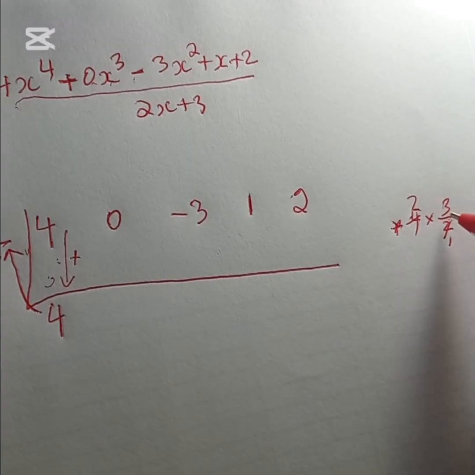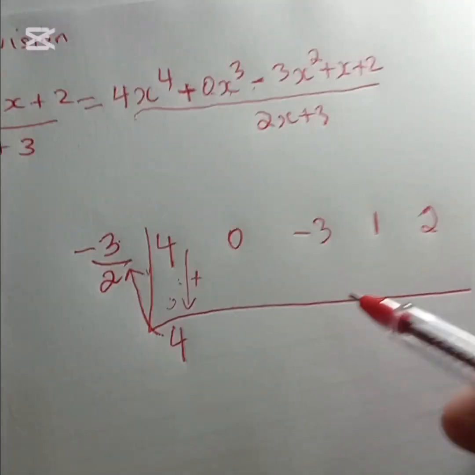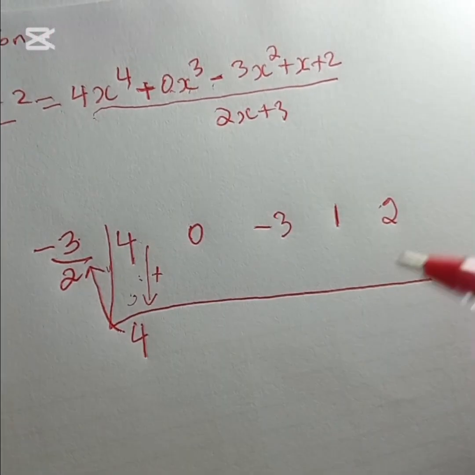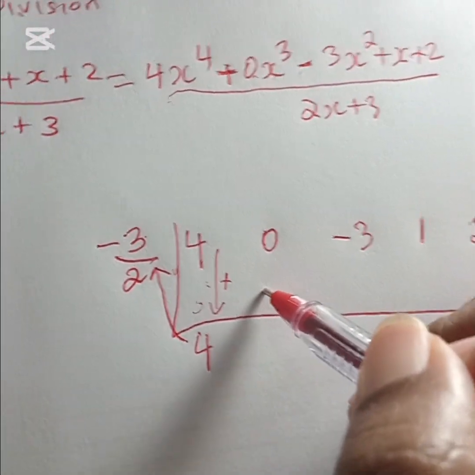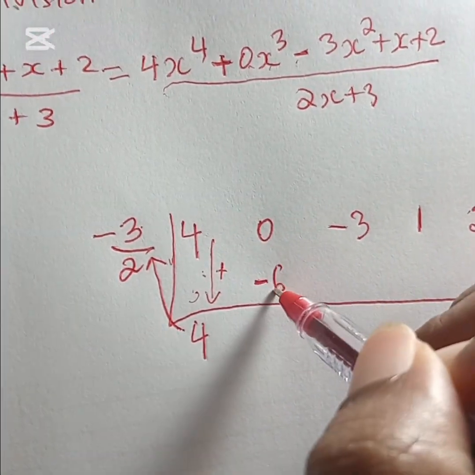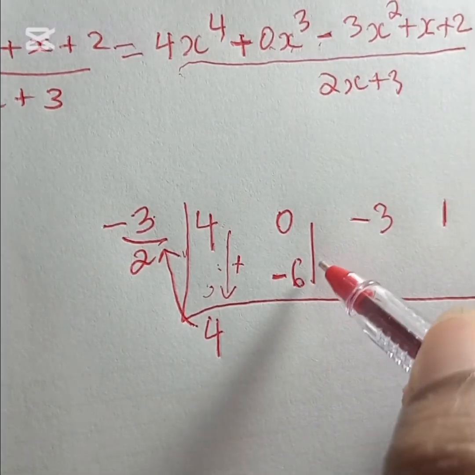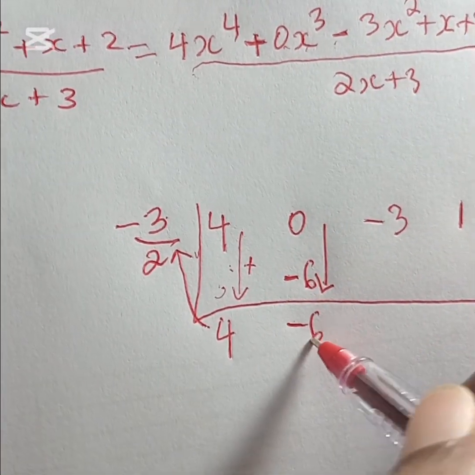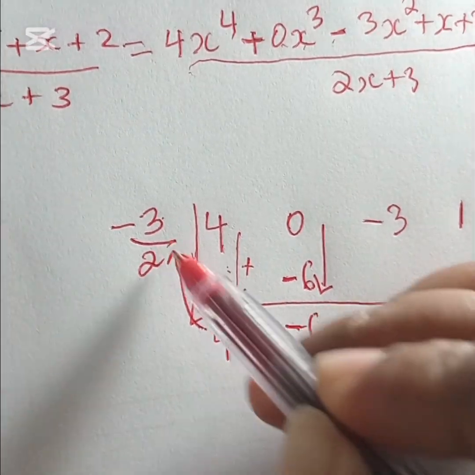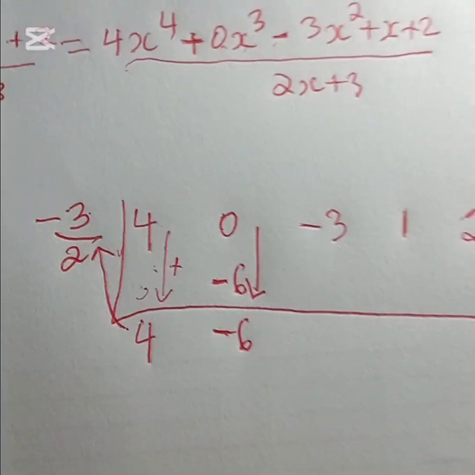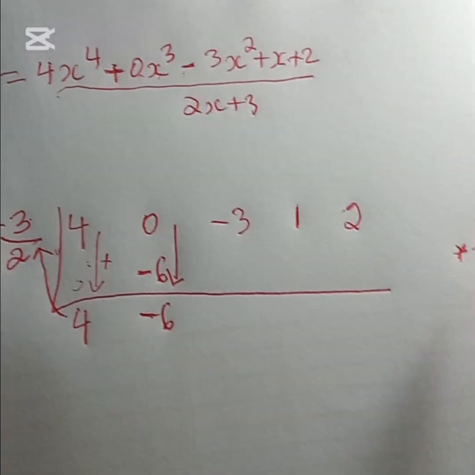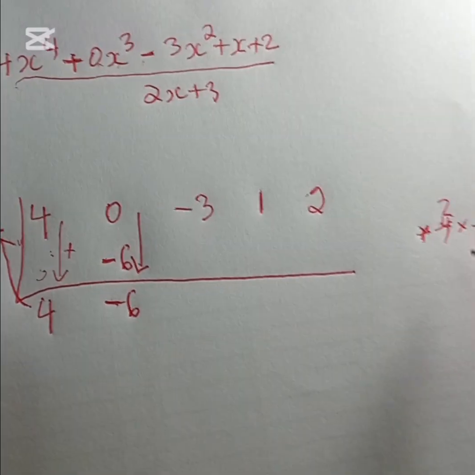It is 6, 2 times 3 is 6. And it's a negative, so I write it here, negative 6. And then add down, 0 plus negative 6 is negative 6. And then negative 6 times negative 3 on 2, or negative 6 times negative 1.5. It will be a positive.